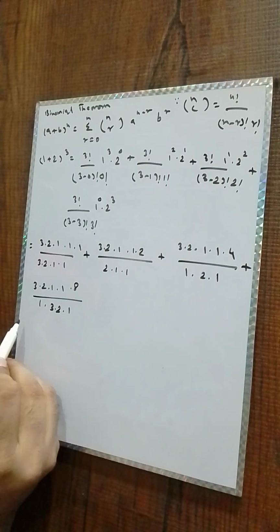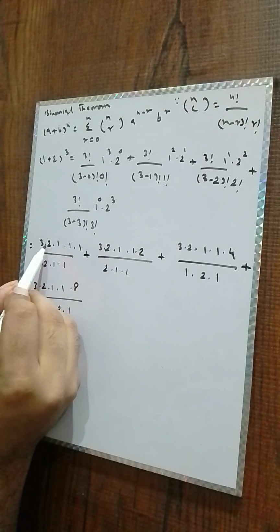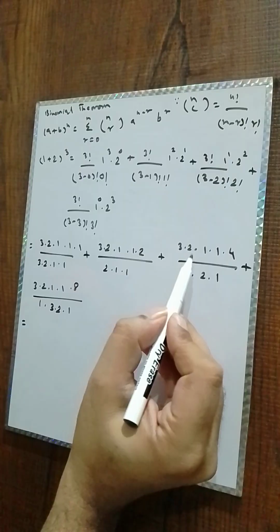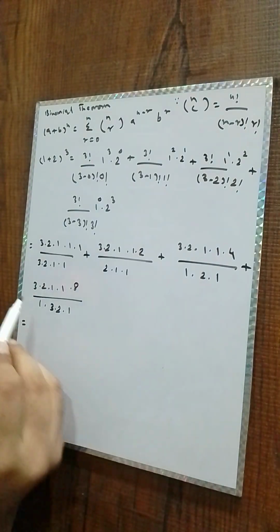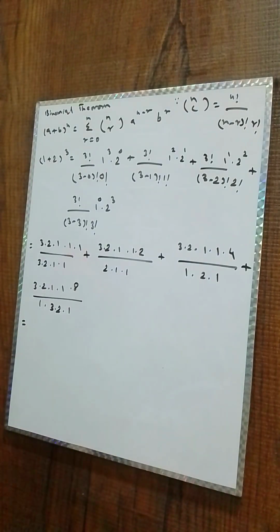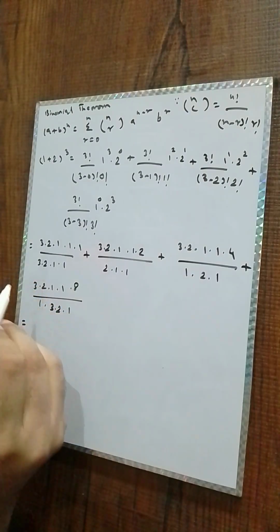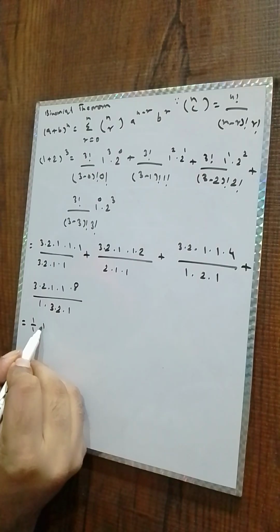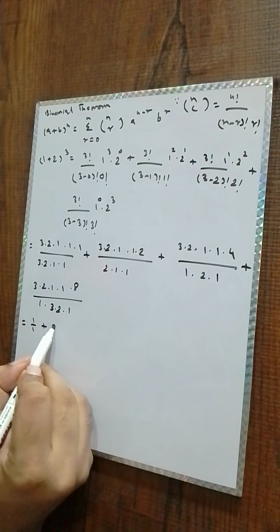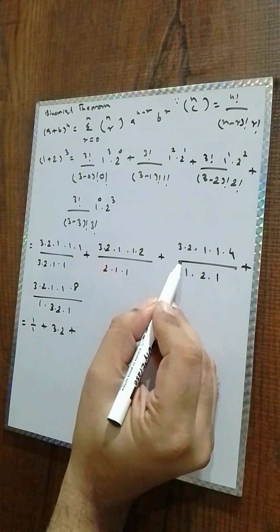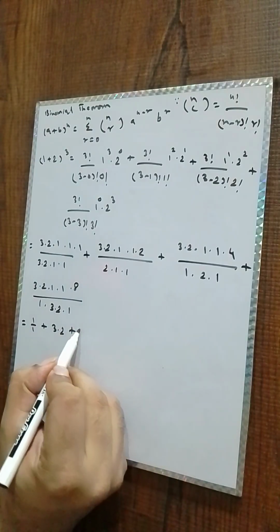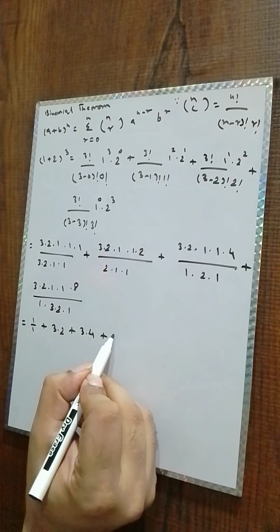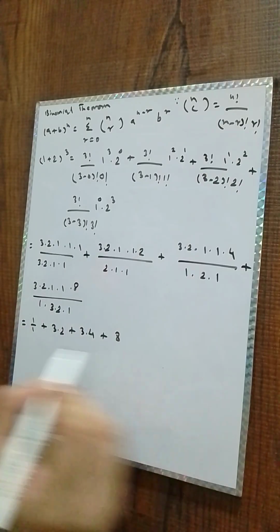Okay, so this is the opening in numeric form, and now we go for the solution. 3.2 is cancelled out by 3.2 here, 2 is cancelled out by 2 here, and 2 is cancelled out by 2 here. Once again 3.2 is cancelled out by 3.2 here. So what we're left with in the first term is 1 by 1 plus 3.2 in the second term plus 3.4 in the third term plus 8 in the fourth term.